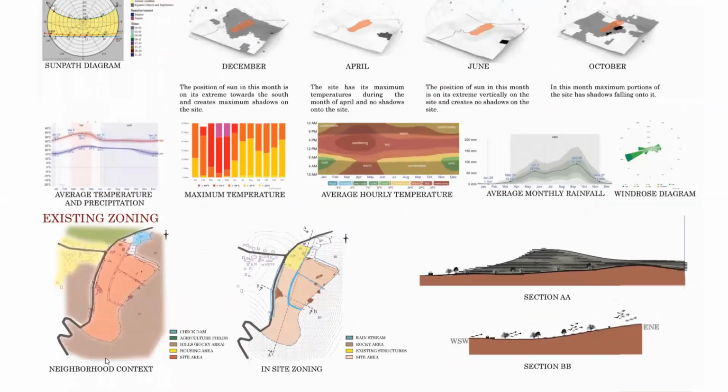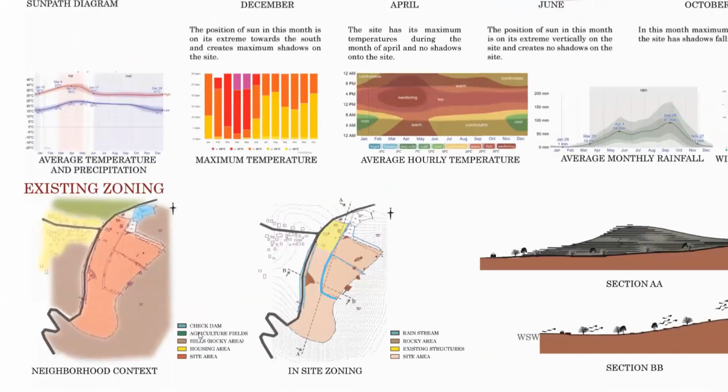This is the existing zoning. In this, we can find the site, and here we have a few housing areas, and on the other side, it's full of agricultural fields. On the back, as I already told, it's a hilly area, and here we can find a check dam.